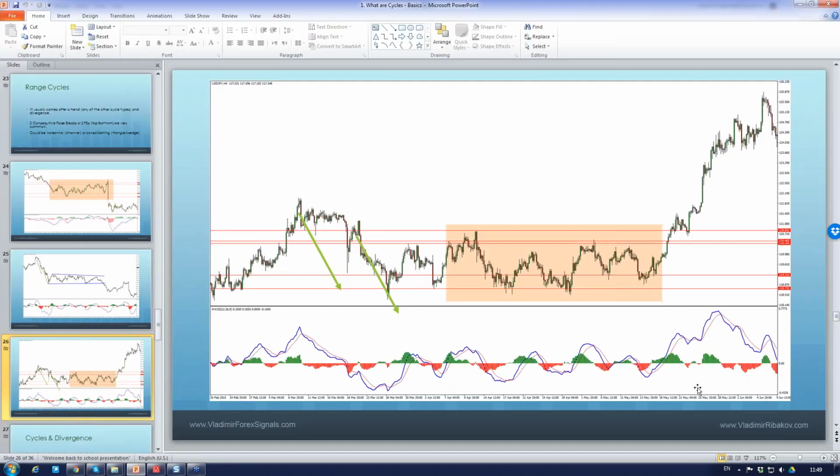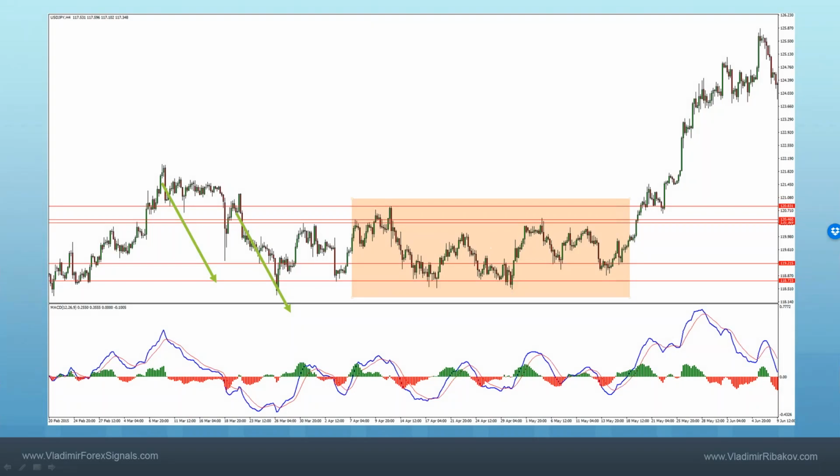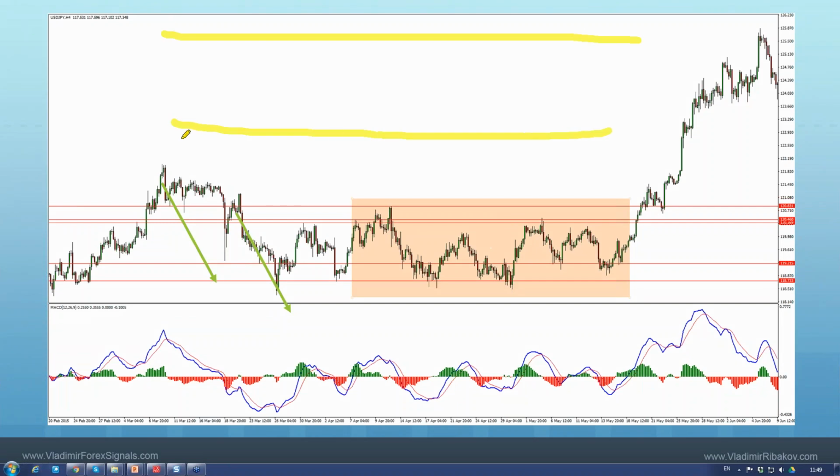Really simple. That's what happened here as well. Two waves down, one false break here, one false break here, and that means we are entering a range. One more important fact: once we are in a range, which starts with one false break, two false breaks, up to two more false breaks, that's fine. The rest would very likely be reliable breakouts.